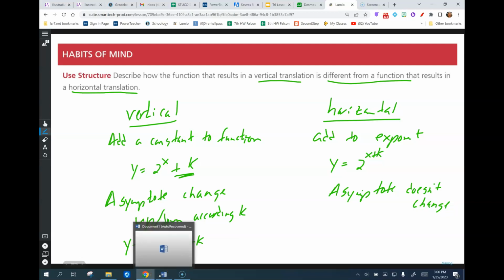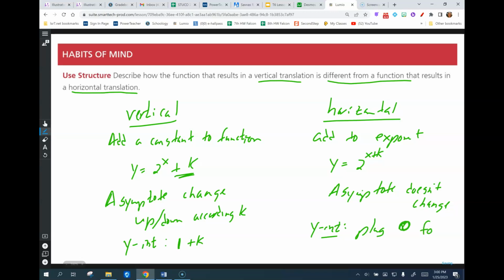Whereas here, it's going to shift it, but it's not an easy way to say it. So the easiest thing I can tell you is plug 0 in for x.